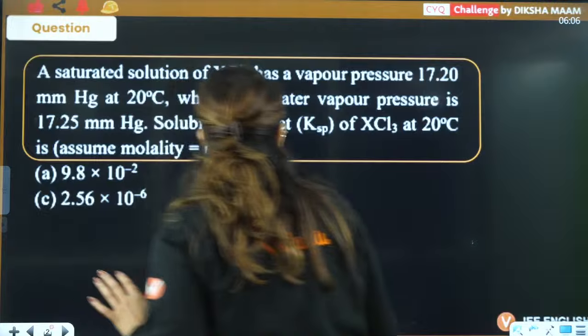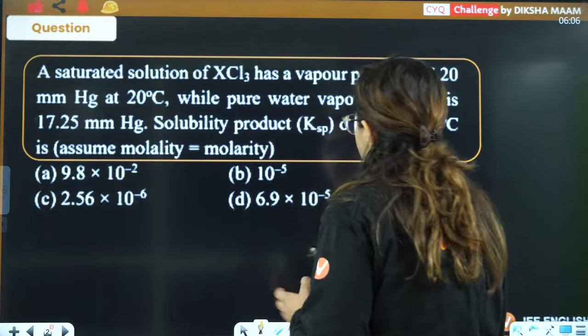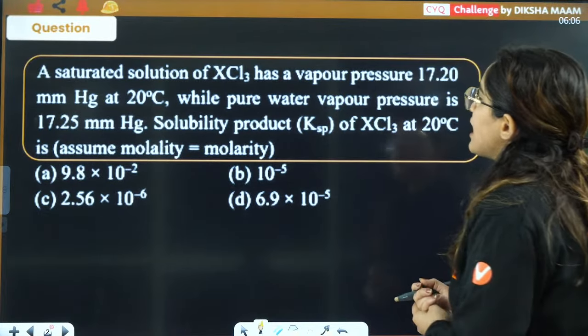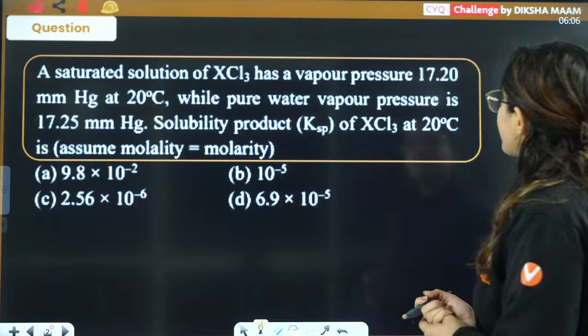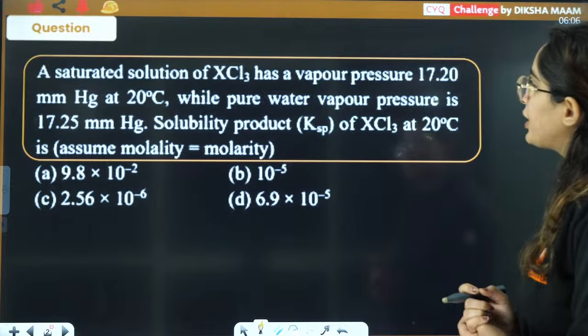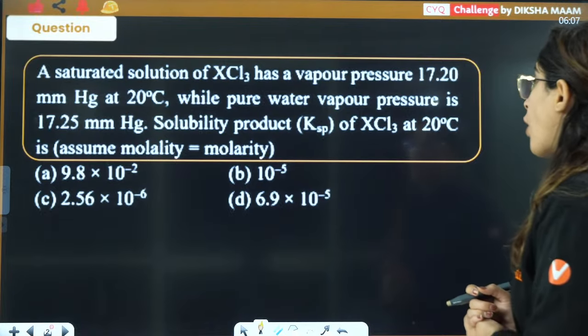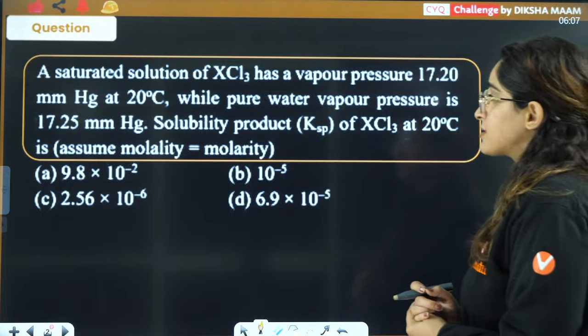So, the first question on your screen is: a standard solution of HCl3 has a vapor pressure of 7.2, while the pure water vapor pressure is this.